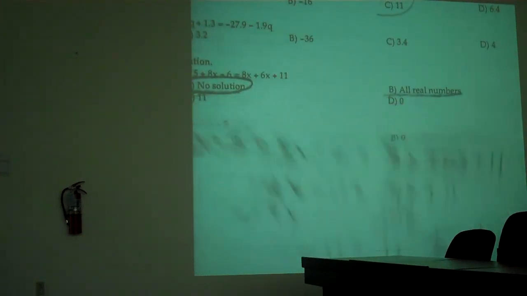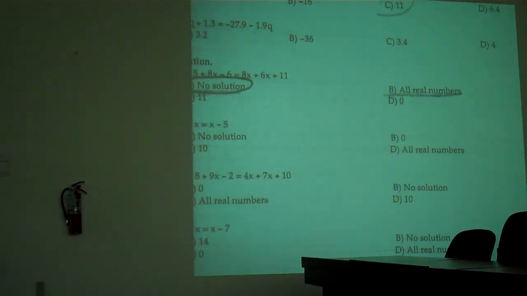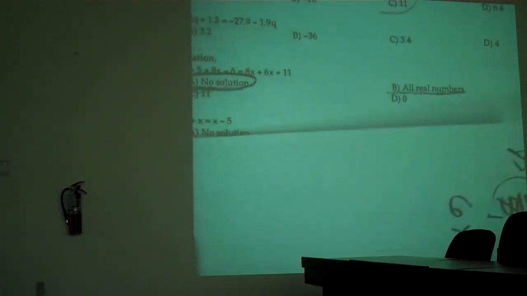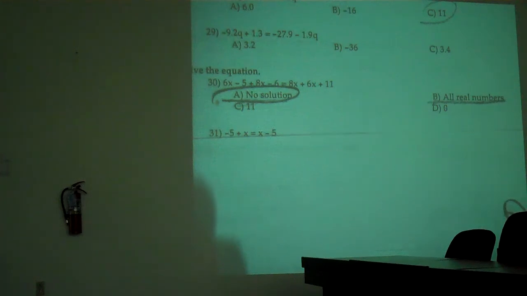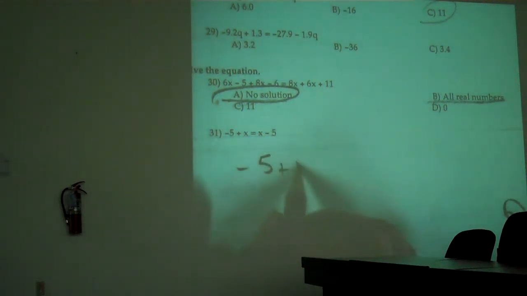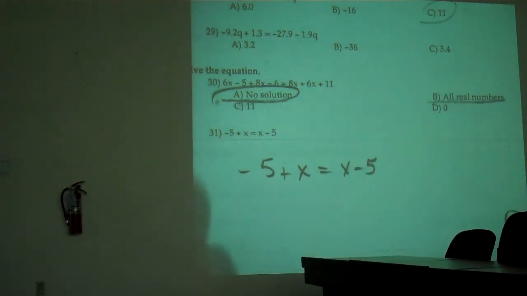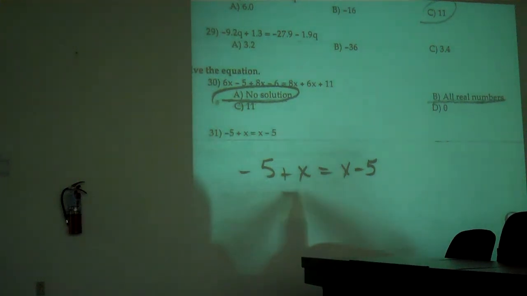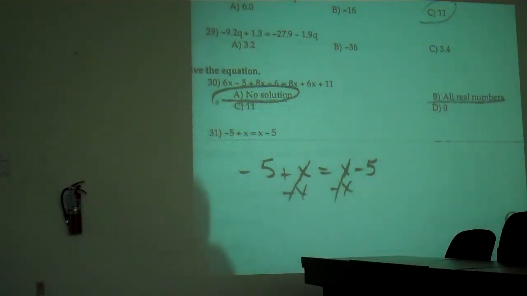Okay. The next one. Negative 5 plus x equals x minus 5. Okay, we try to get the x on one side. We're going to subtract x. It's going to get rid of both x's, right? So we have negative 5 equals negative 5.